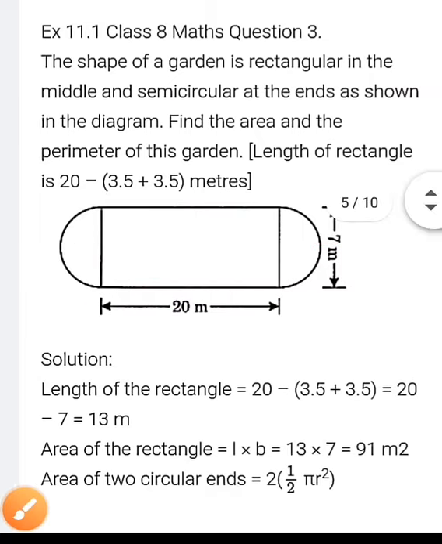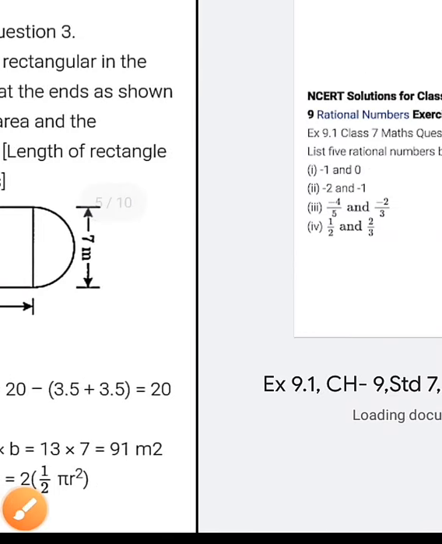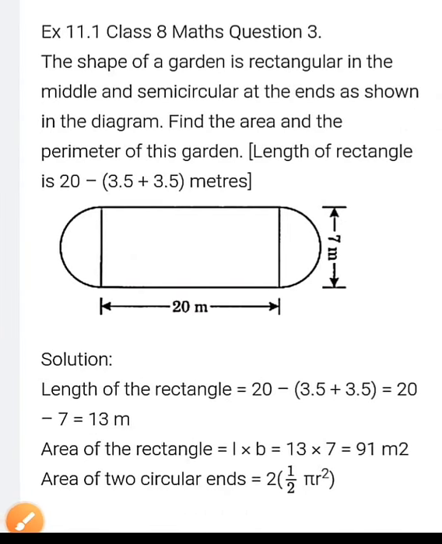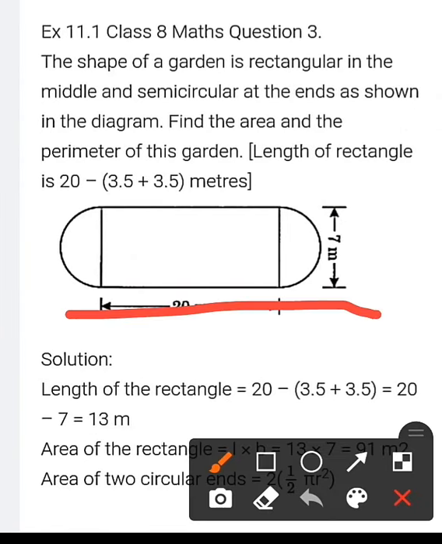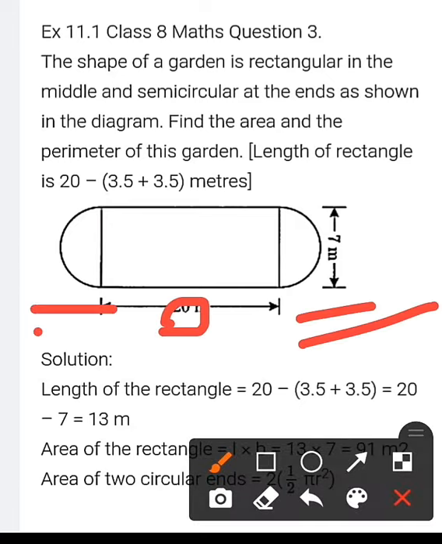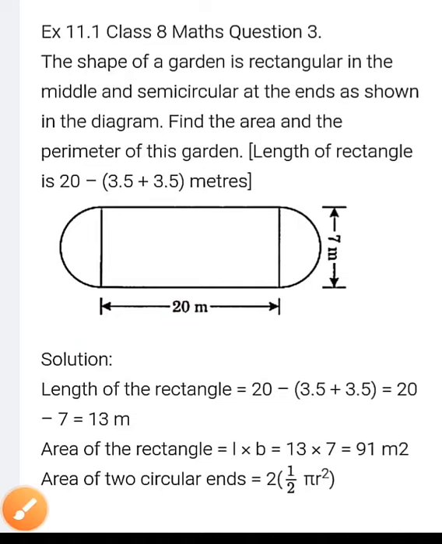But we want only the length of the rectangle. So from the 20 meter given, we will subtract 3.5 from here and 3.5 from here. Then whatever remains will be only the length of the rectangle.